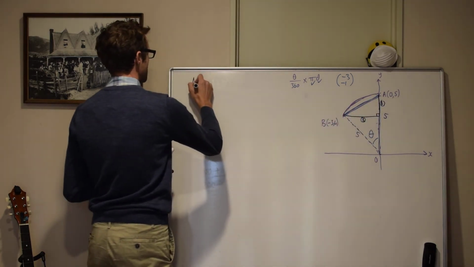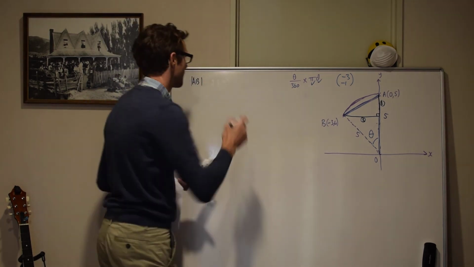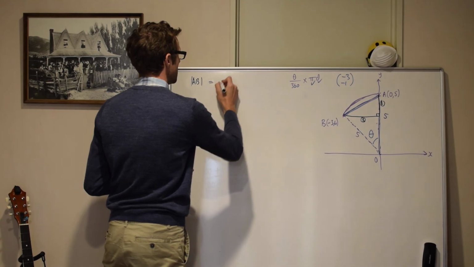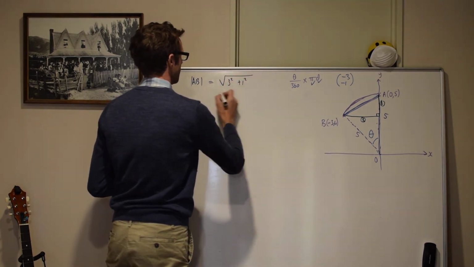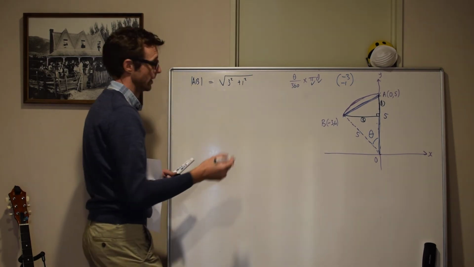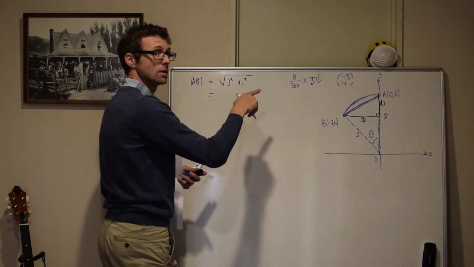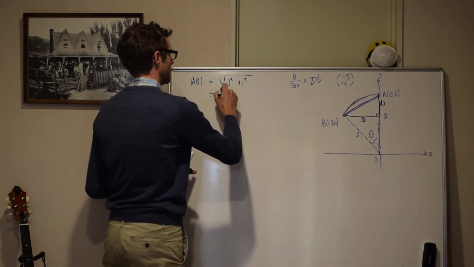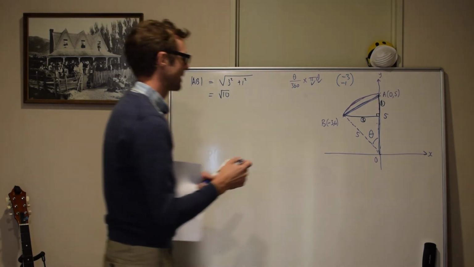So AB, the magnitude of AB, or should we say the length of AB, is equal to the square root of 3 squared plus 1 squared using Pythagoras theorem. 3 squared is 9, 1 squared is 1, so square root 10. Okay, so that's the length there.